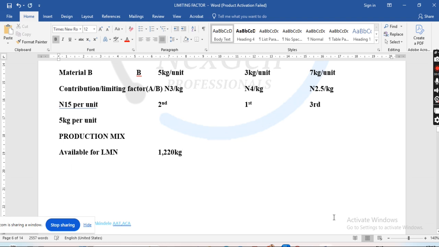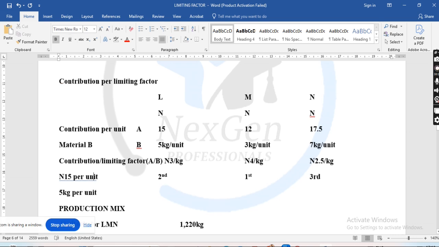So allocation to, let's put our units. Which one are we allocating to first? Based on the ranking, M.